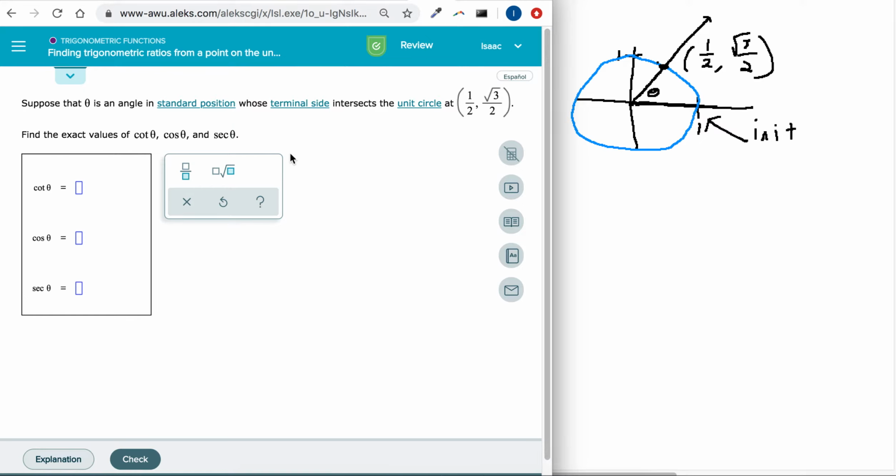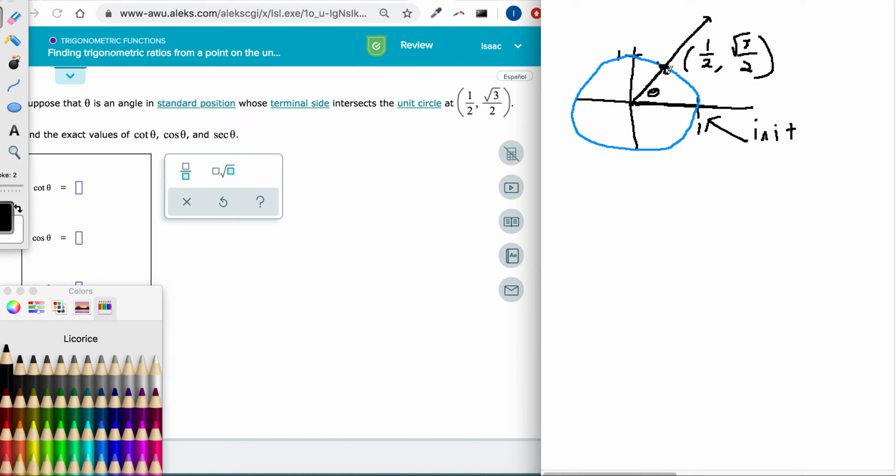We're supposed to find the exact values of cotangent, cosine, and secant. I'll show you what cotangent and secant mean in just a second. But to find out what this angle is, we can express things in terms of a right triangle. So you can draw a dot for where the line intersects the unit circle, and then make a right angle with the x-axis. Because when you're talking about sine, cosine, tangent, that means you're talking about right angle trigonometry.